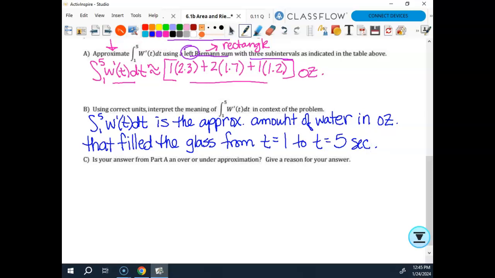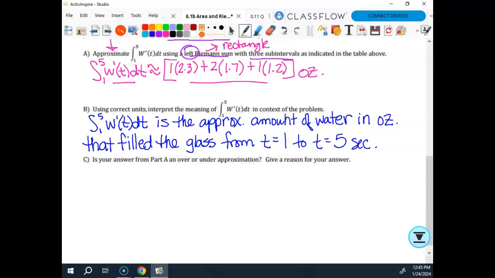Notice, here's the difference with the whole net change thing. And I don't have to use the word net change necessarily. This is the net change. It's not the amount of water in the glass because it was filling from 0 to 6. This is only our snapshot from 1 to 5. So that's the amount that was added. That was the net change. It's not necessarily the total that's in there right now. You see the difference there? Okay. What questions you got?